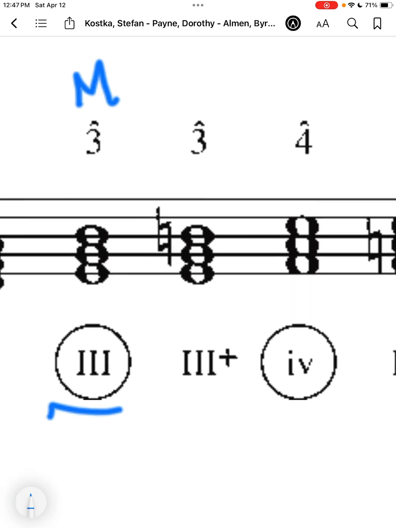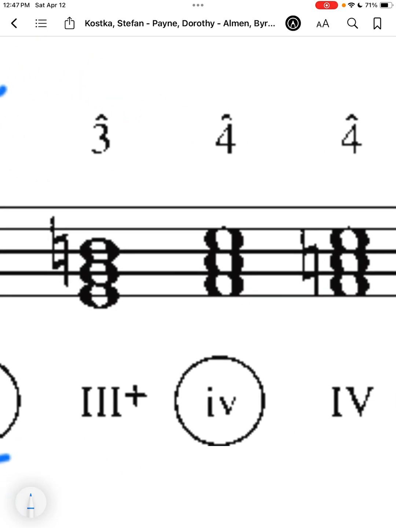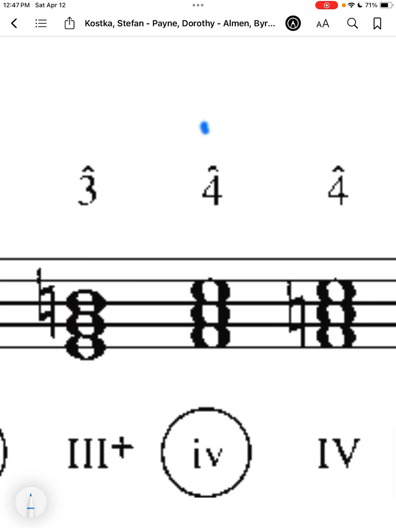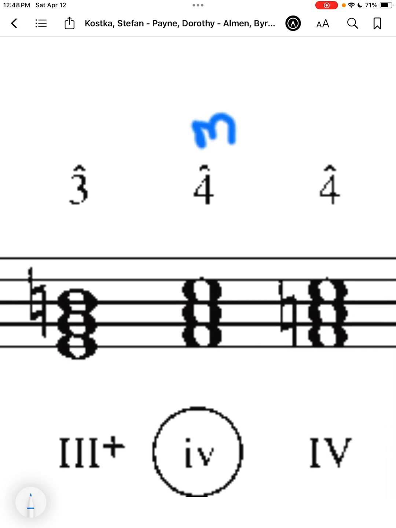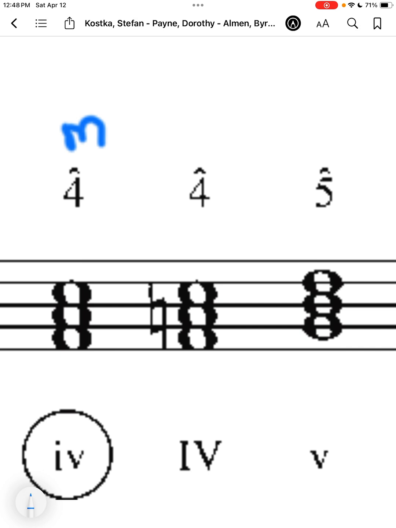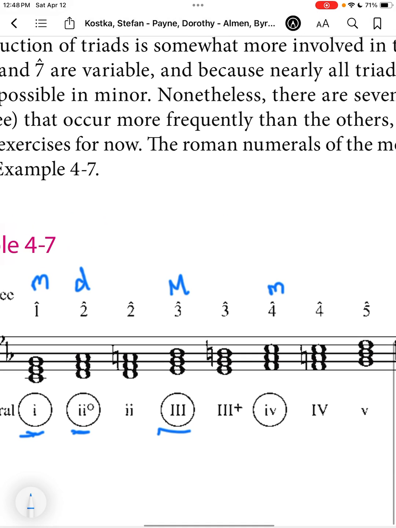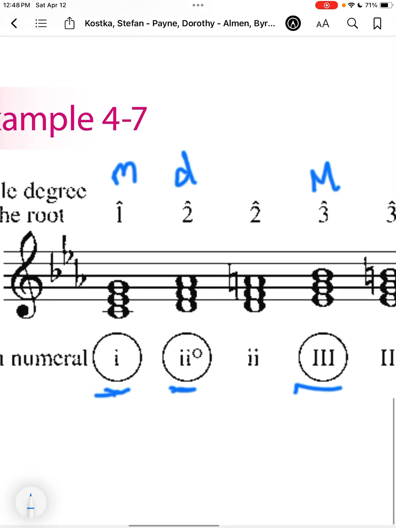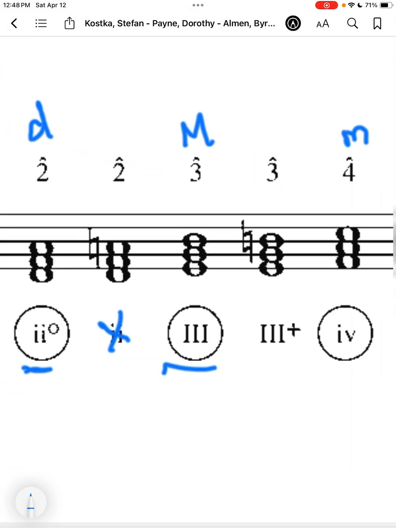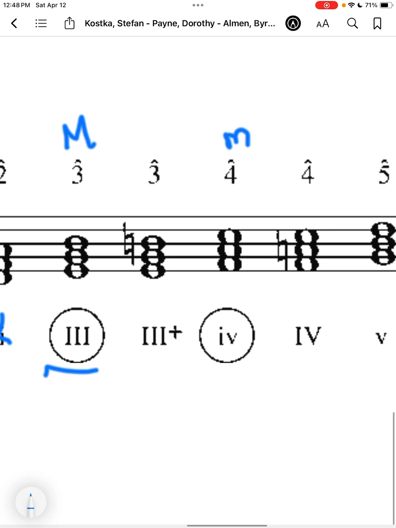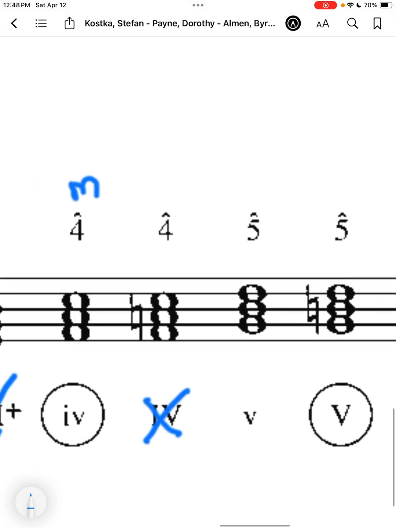Okay, this is major for 1. This is minor. That's really not supposed to be major and minor. No, this only is this. So this is not in the minor key, because these are in major keys and those are not supposed to be.